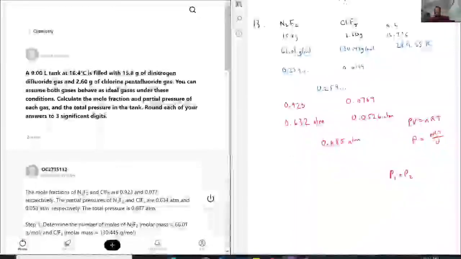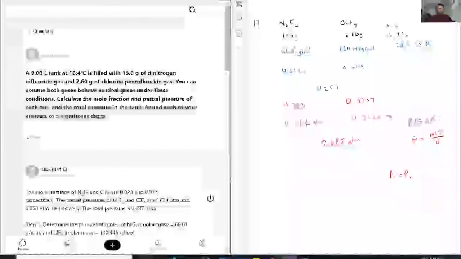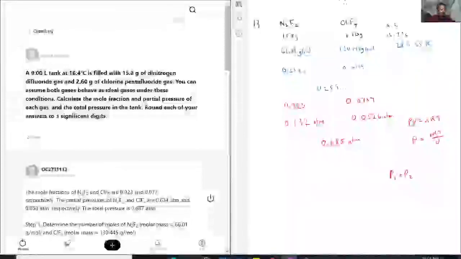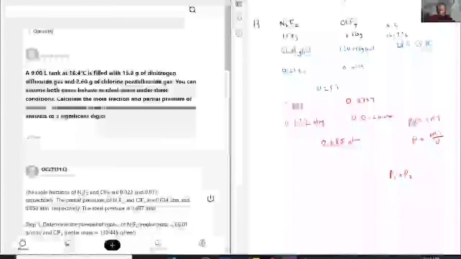And the cool thing about doing it like that is that you could have also just gone with the total moles, and you would have still gotten around the same, if not exactly the same, answer. So this times everything that we did up here. Okay, we get 0.685.